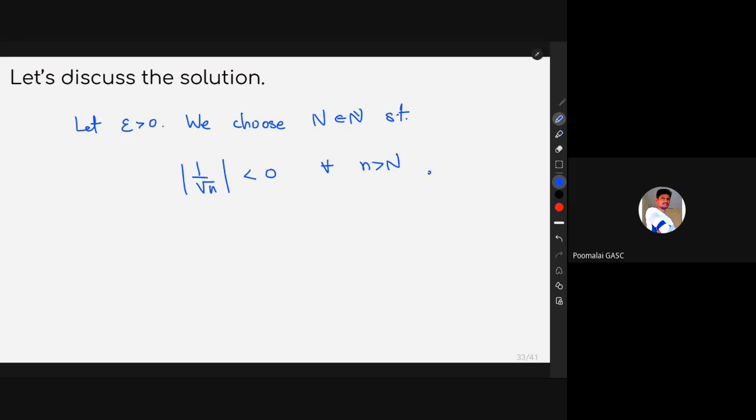So I choose my natural number in this way. Now why in this way? Because the limit of 1 over square root of n as n tends to infinity equals 0.